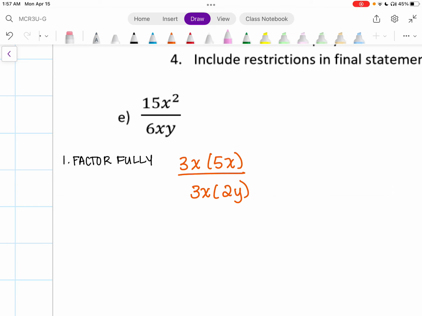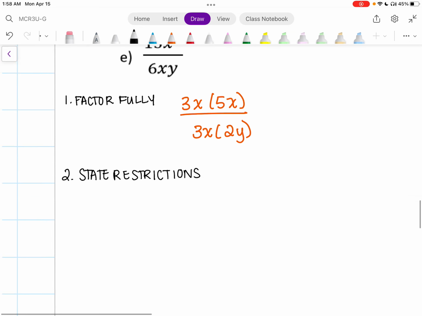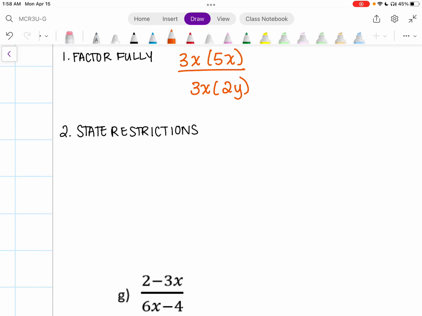Now, before I do anything, I'm going to go ahead and state my restrictions. I know you're tempted to cross things out, but don't do that first. Always state your restrictions. So now we know that 3x cannot equal 0, and 2y cannot equal 0.